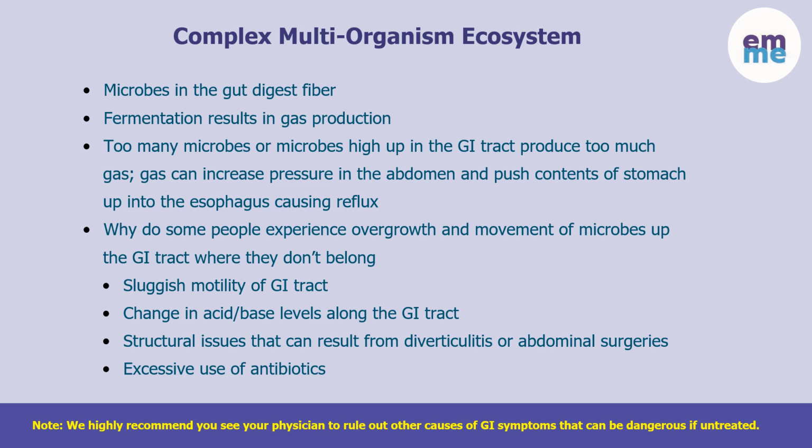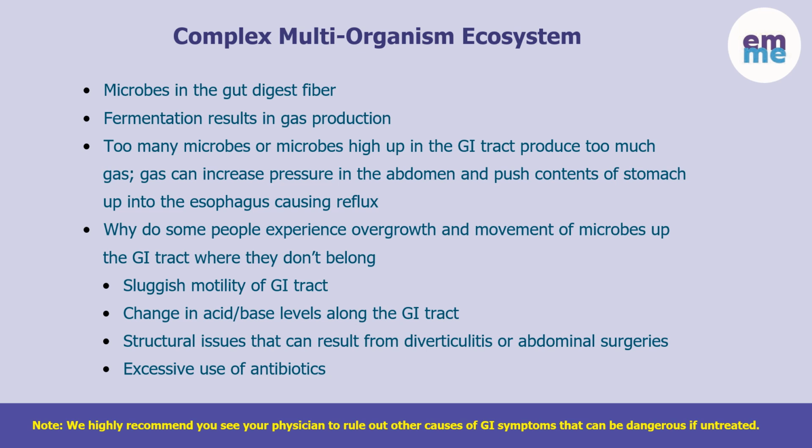Poorly controlled diabetes, leading to high blood sugars, can impact nerves that control motility and therefore cause sluggish motility along the GI tract, or even something as simple as inadequate dietary fiber and poor hydration. Diverticulosis, or pockets forming along the GI tract, can also interrupt flow.